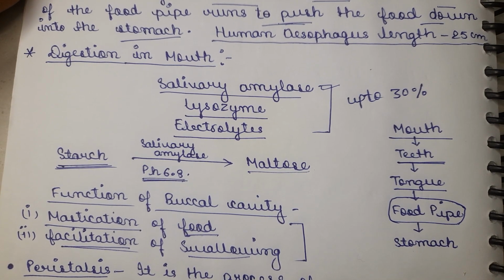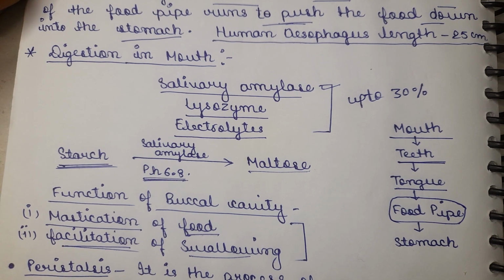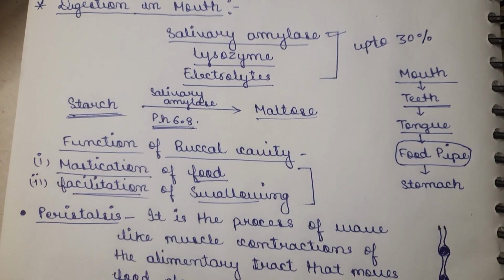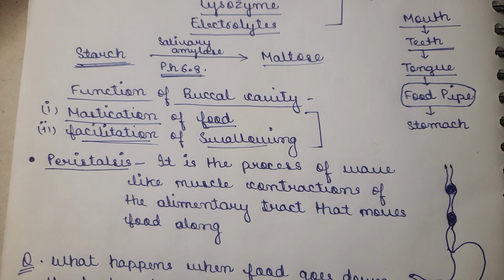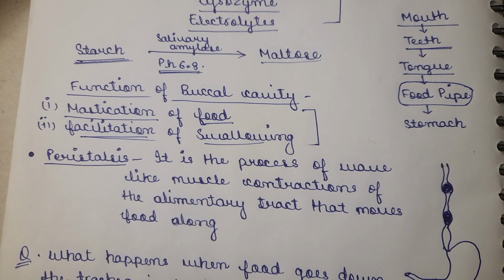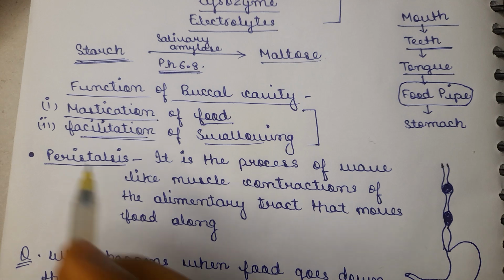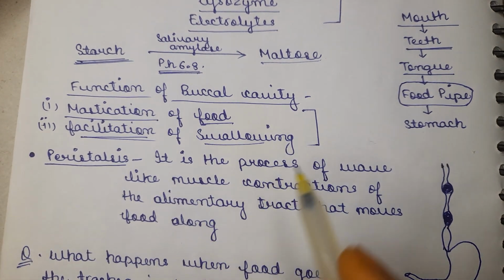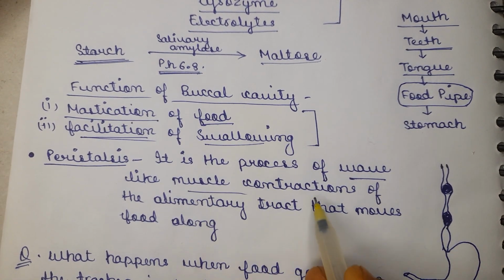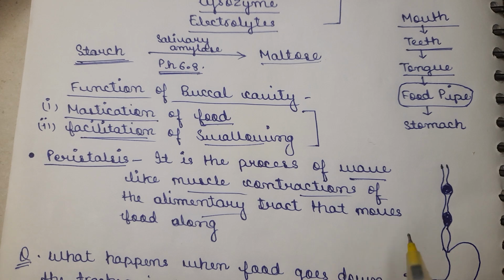Before starting the stomach, we need to understand how the food gets passed inside the stomach. The food passes from the buccal cavity into the food pipe through the process of peristalsis. Peristalsis is basically the process of wave-like muscle contraction of the alimentary tract that moves the food downward.